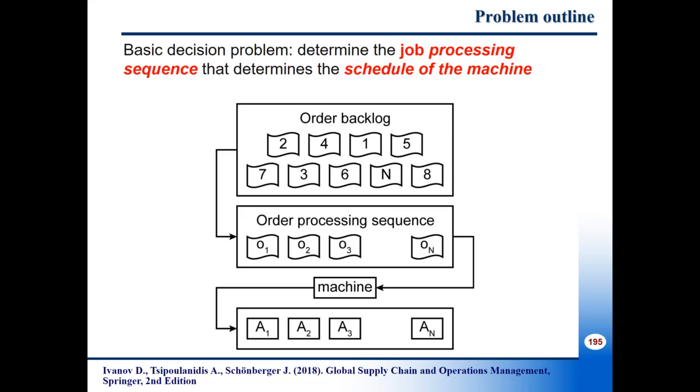The executed tasks create the assets A1, A2 until An requested by the customer, that is the final products. The basic decision problem associated with the outlined machine scheduling scenario is to determine the job processing sequence that determines the schedule of the M machines.